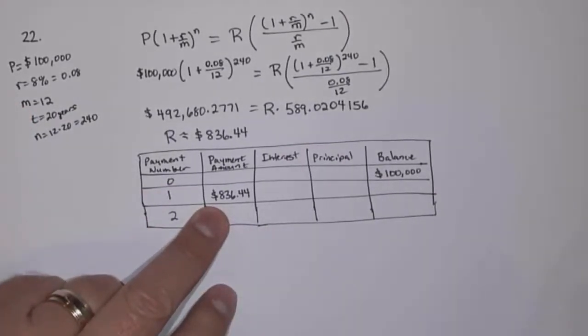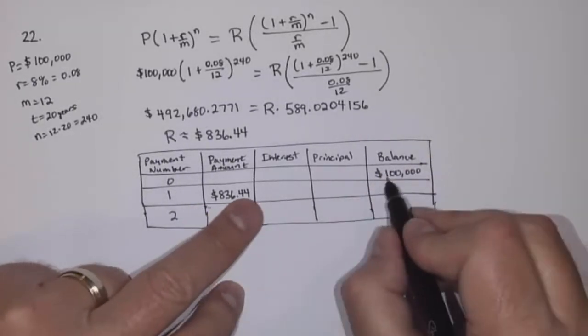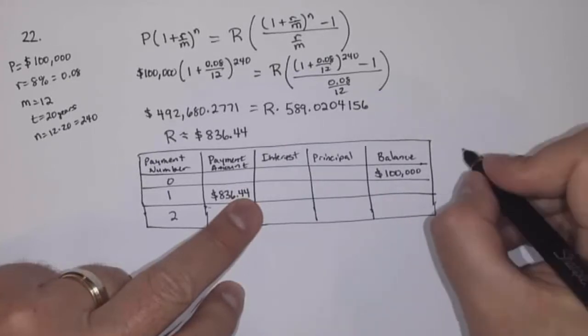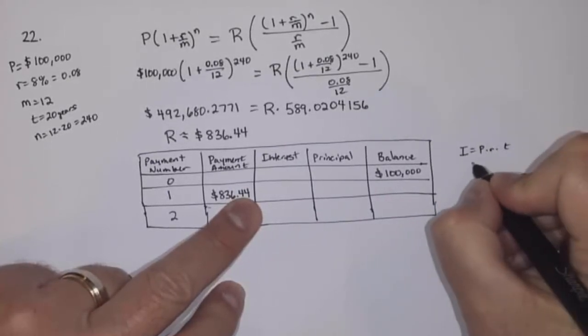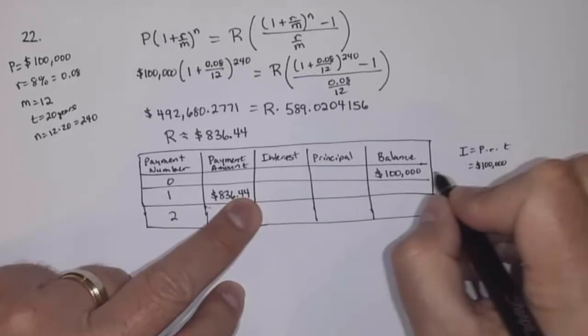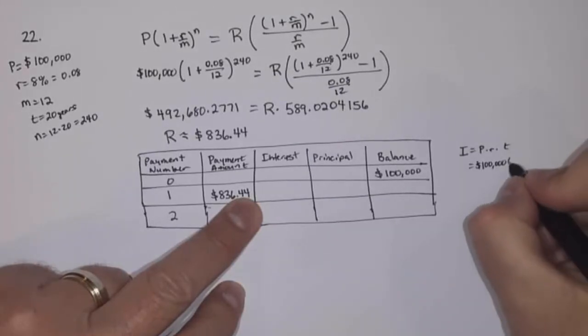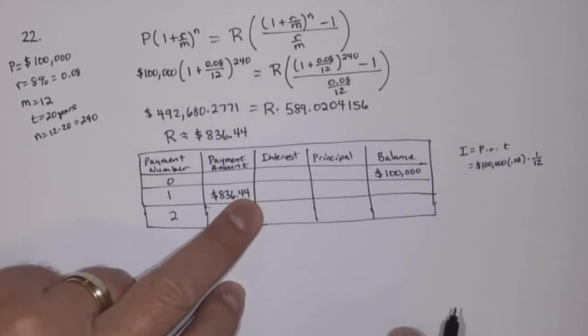Now remember, how do we calculate the interest? I'm going to do that off over here on the side. That month we owe $100,000. So the interest is going to equal the principal times the rate times the time. So that's going to be the $100,000 times our interest rate, which was 8%, so times 0.08 times time, and at that point it will be 1/12 of a year.